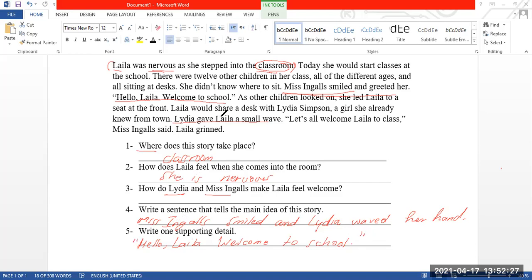You can choose any other sentence from there, any supporting detail that helps support the main idea that was here. I think we made a small mistake. We have got to erase this one.